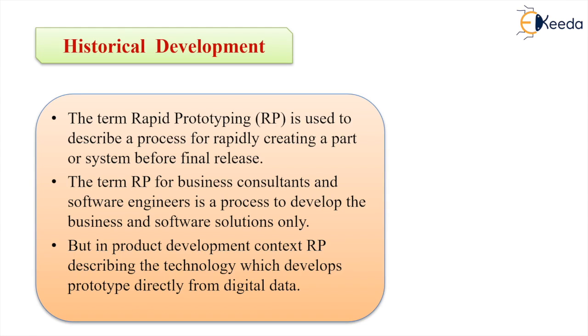So, the term rapid prototyping is used to describe the process for rapidly creating, or fastly creating, the part or prototype or system before final release or before its commercialization.